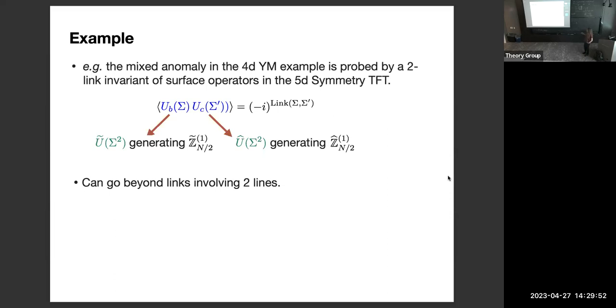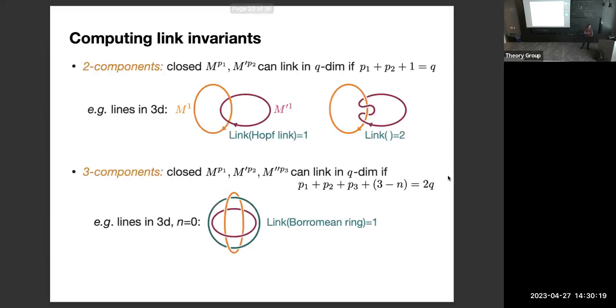The statement is that in this example, this mixed anomaly is probed by a two-link invariant of exactly these surface operators in the 5D symmetry TFT. So you can do this correlation function and check that I get something non-trivial. It's some phase that goes like the linking number between these two surfaces. So that's an example.